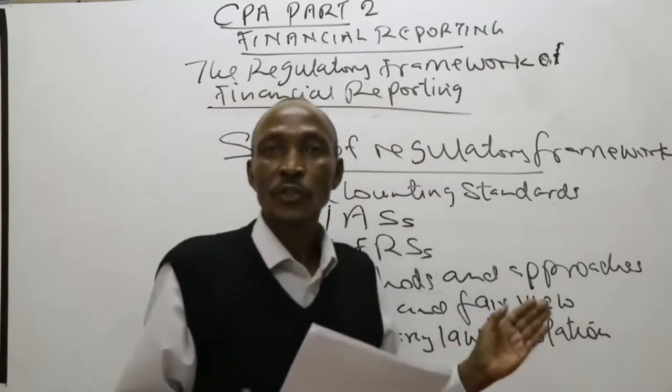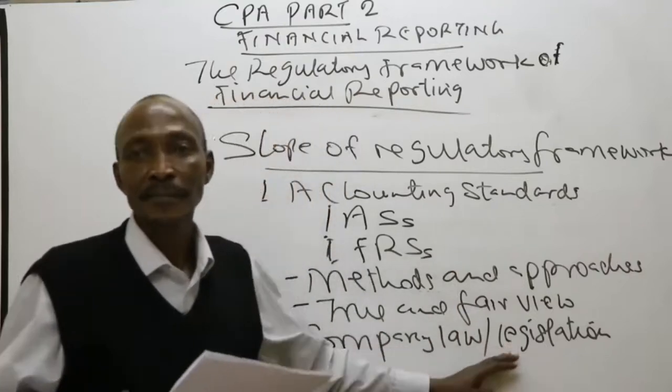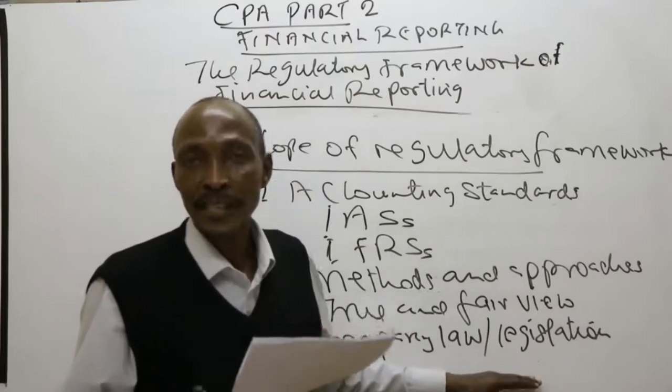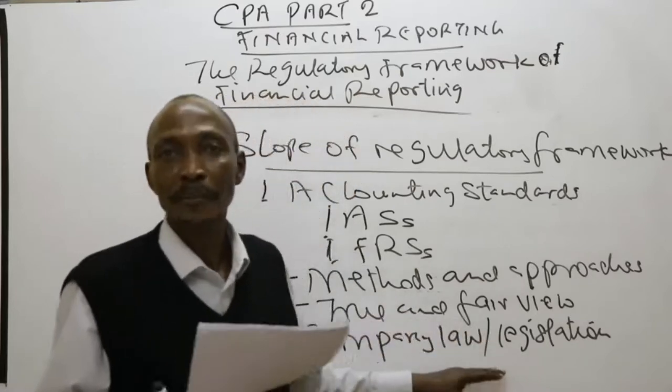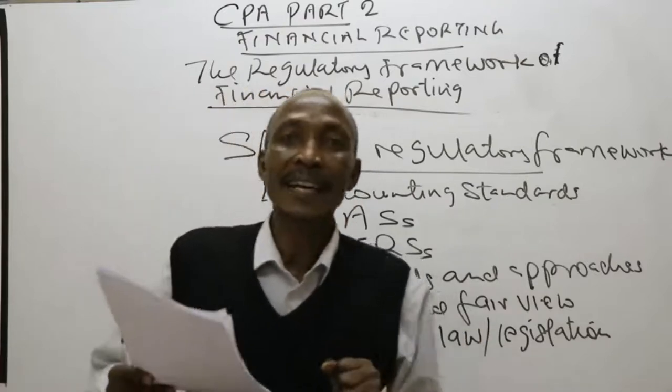This extends to how the companies also present reports about themselves, what reports they must present, how to present those particular reports, and what information the reports must contain. In Kenya, for instance, we have the Companies Act.